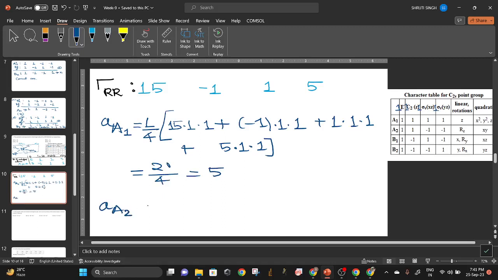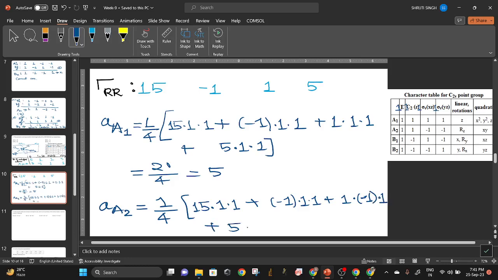Now, next normal mode is A2. 1, minus 1, 1.